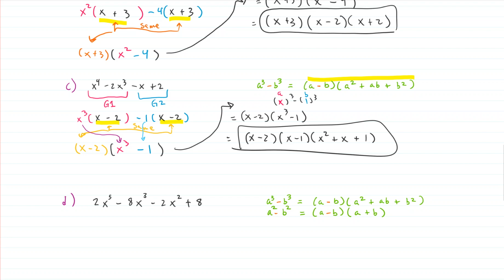Let's stick with our grouping that we've been doing, except that's supposed to be red. So we have group 1, and we have group 2, which would be the second 2. So in group 1, we can pull out a 2x cubed.